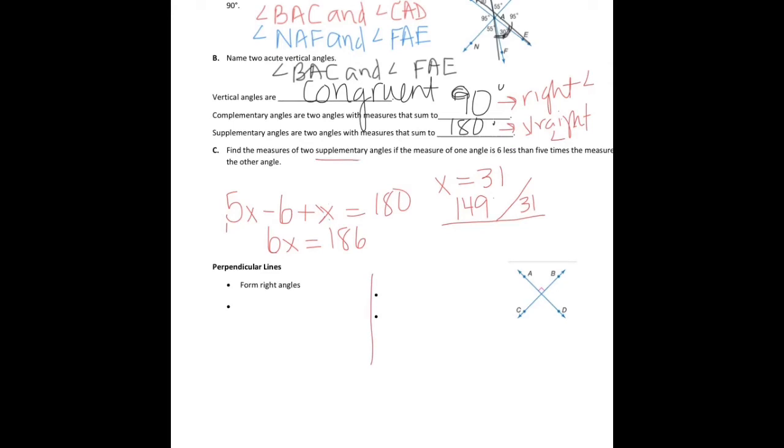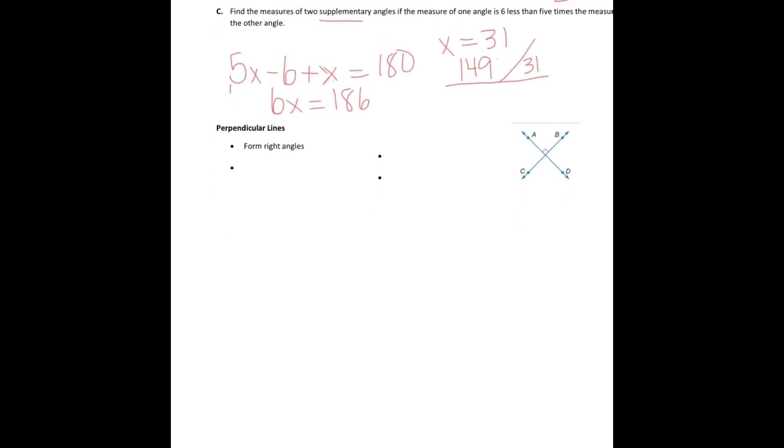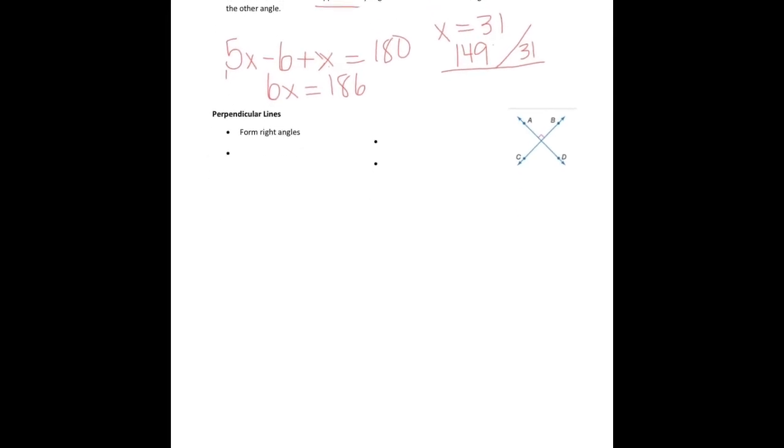All right, so let's talk about some things that we think we know. So perpendicular lines. This is a pair of lines, two lines intersect, and this forms a right angle. Well, I know that if two lines intersect and one of them is a right angle, well, look at this. These are vertical angles, so that means this is also a right angle.